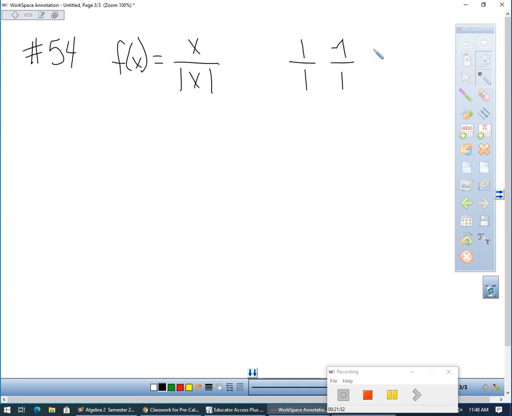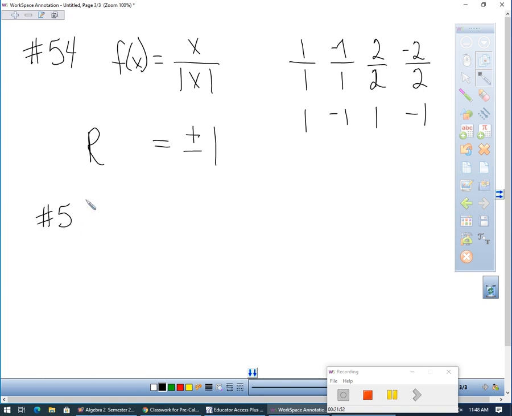If we say x is 2, we get 2 over 2, which equals 1. If we say x is negative 2, we get negative 2 over 2. So no matter what we try, we end up with either 1 or negative 1. Those are our only two options for y. So the range can only be equal to either positive or negative 1. It can't be anything else but those two values.